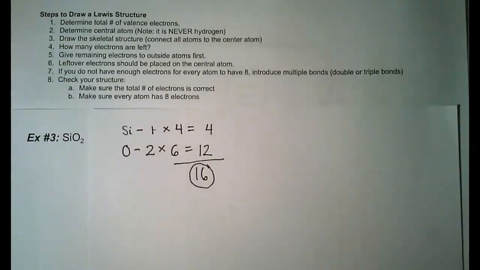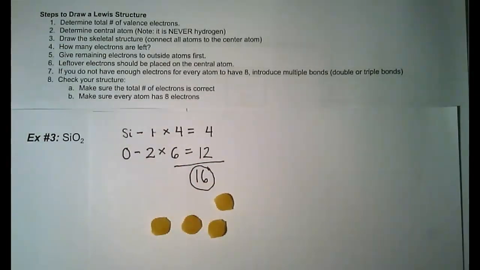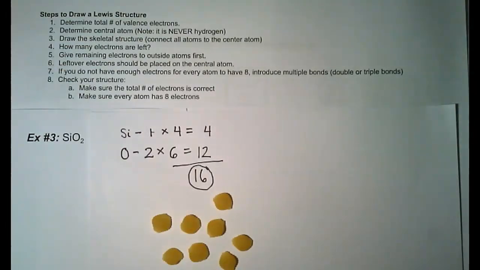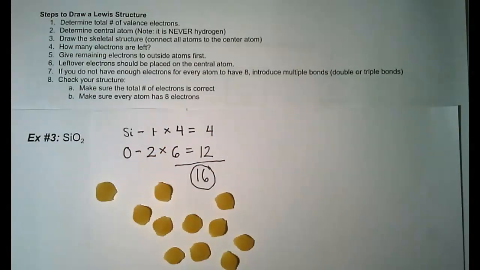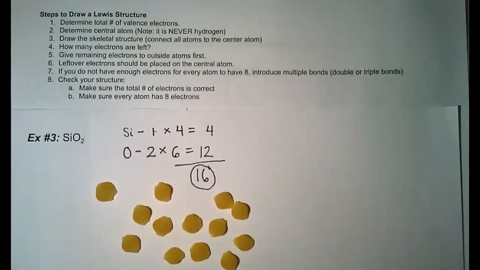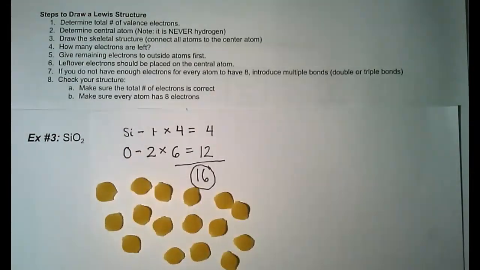I'm going to go ahead and count out my 16 electrons. So 2, 4, 5, 6, 7, 8, 9, 10, 11, 12, 13, 14, 15, and 16.